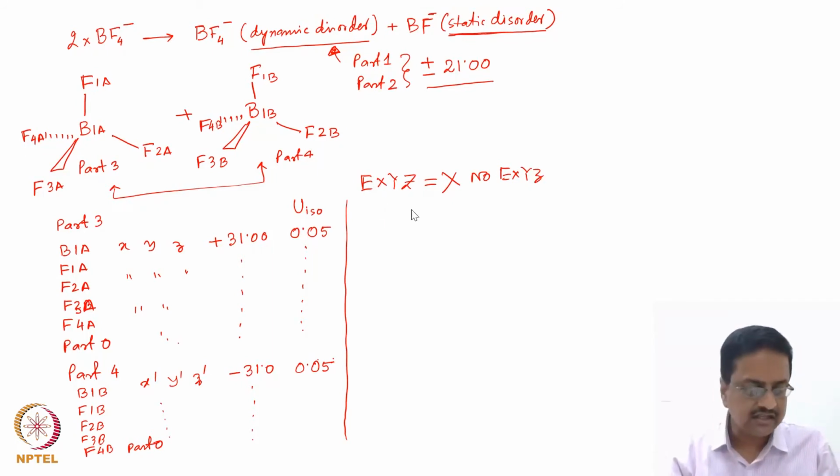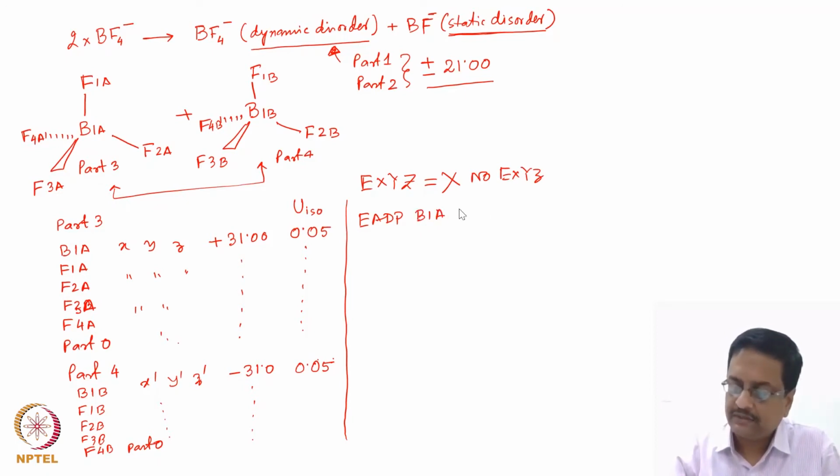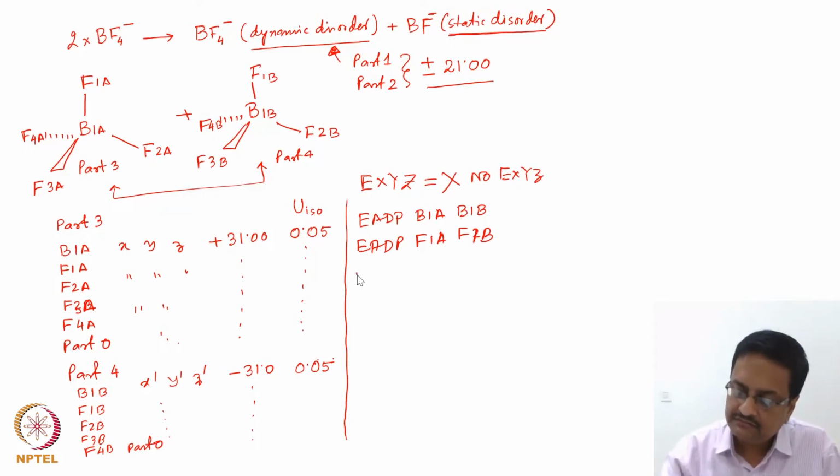But for easy understanding or easy refinement of the structure, we should use the EADP command for those atoms which are similar. So we should do EADP B1A is same as B1B, EADP for F1A same as F1B, and like that, EADP for F2A is equal to F2B, and all of those.